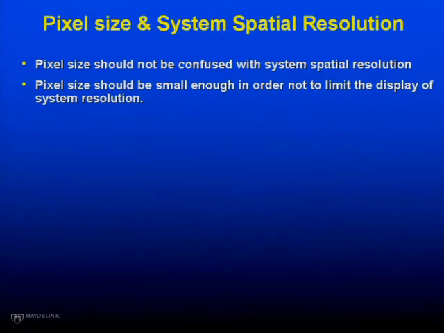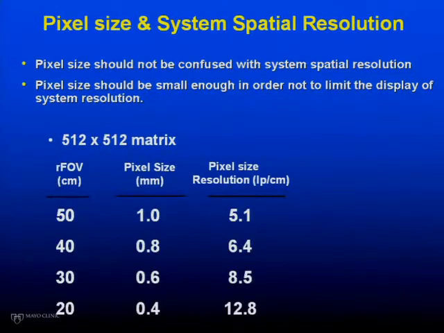So they are not the same thing, but this actually occurs a lot in the radiology world. Many people are confused about those things. They're not the same thing, but the pixel size should be small enough in order not to limit the display of system resolution. So for a 512 by 512 matrix, here shows some pixel sizes in terms of line pairs per centimeter.